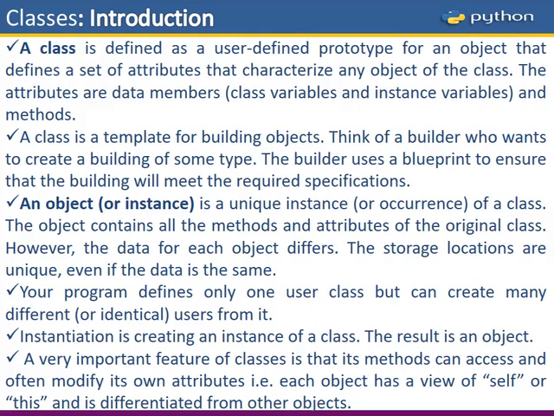Your program defines only one user class but can create many different users from it. So instantiation is creating an instance of a class, and the result is an object. It is very important that a function of classes is that its methods can access and often modify its attributes. Each object has a view of self, or this, and is differentiated from other objects.